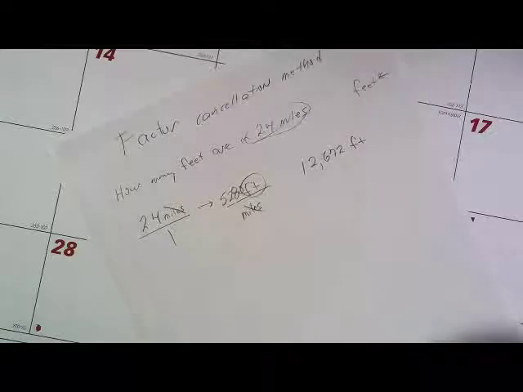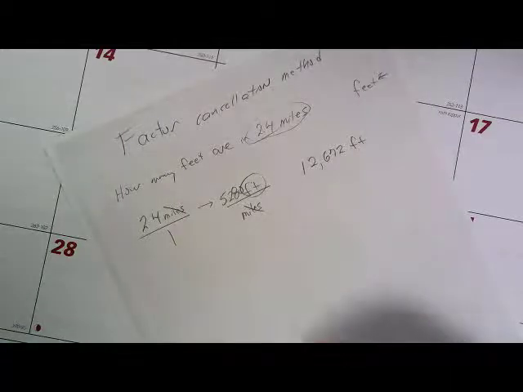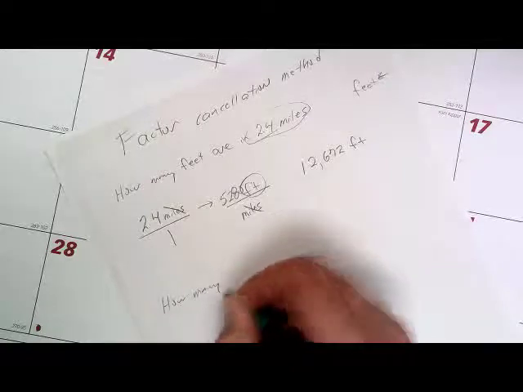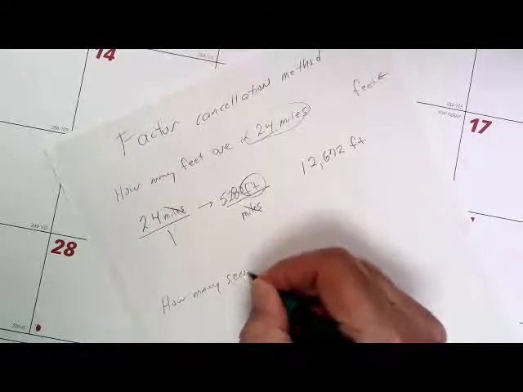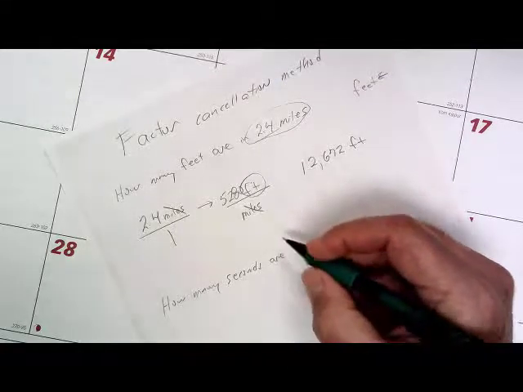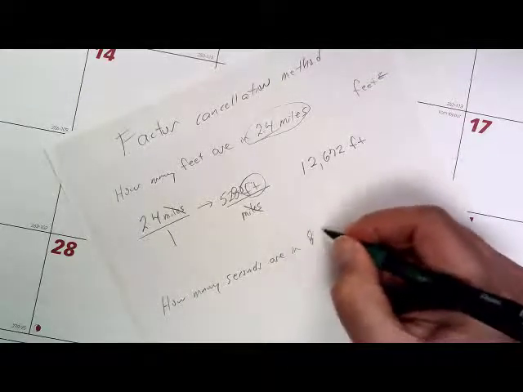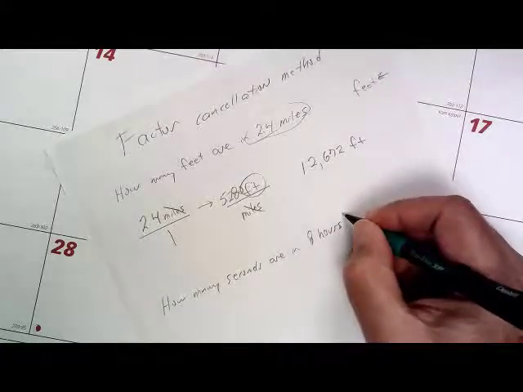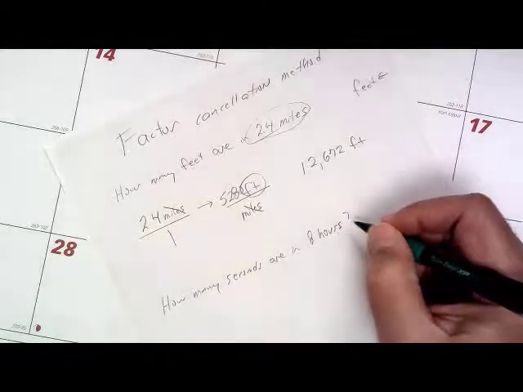Next example that I'll look at here is how many seconds are in 8 hours. So again, you might be able to do some of this in your head, but let's go ahead and set it up.